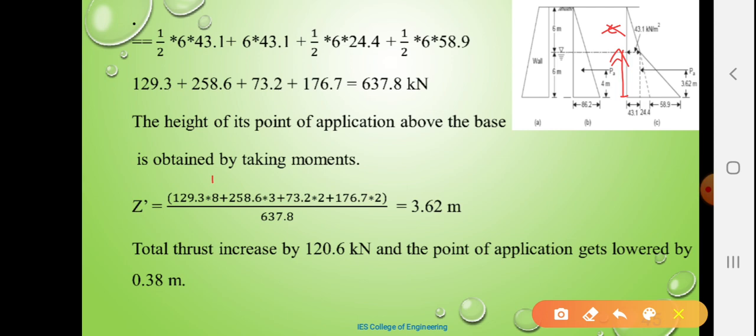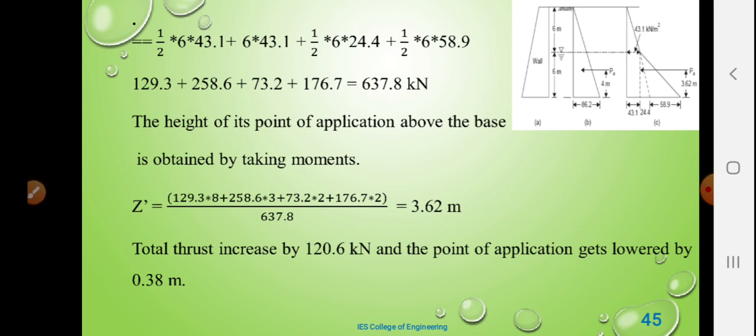Then 258.6, that means area of this rectangle, into centroidal distance of 6 by 2 equal to 3. So, next is 73.2, area of this triangle into centroidal distance 6 by 3, that means 2. Then area of this triangle into centroidal distance, that means 176.7 into 2. So, the point of application is 3.62 meter.